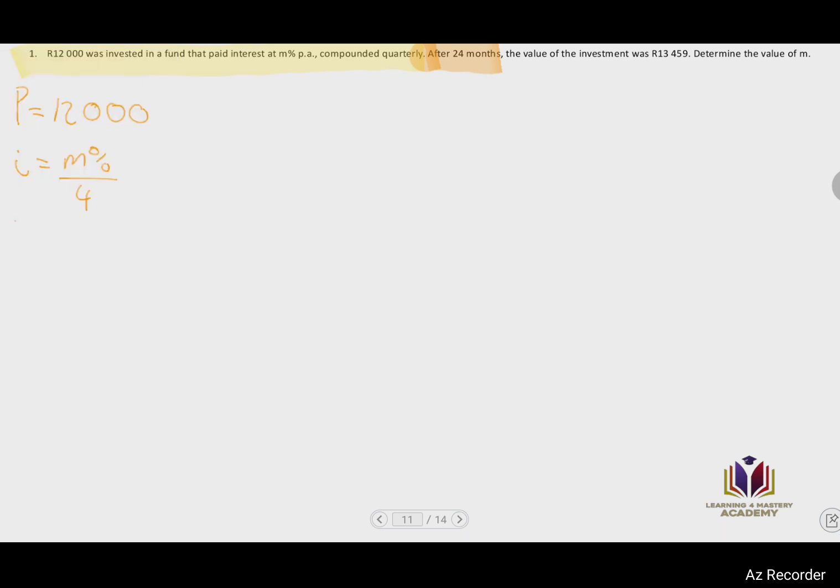So that's going to be our n. How many months are there in a quarter? There's 3 months. So we're going to divide the 24 by 3. It gives us 8. So it means that we're going to have 8 quarters.